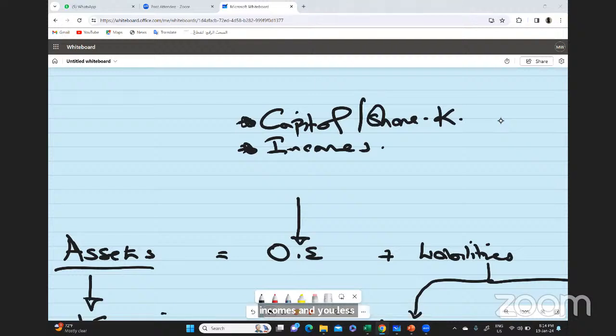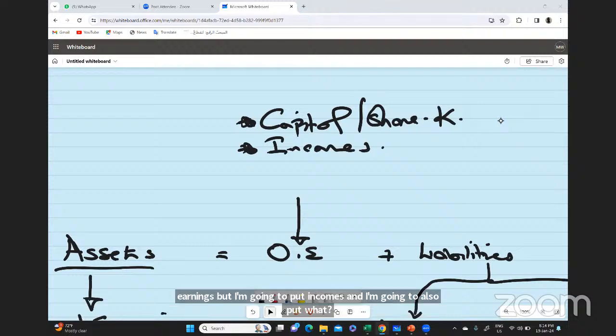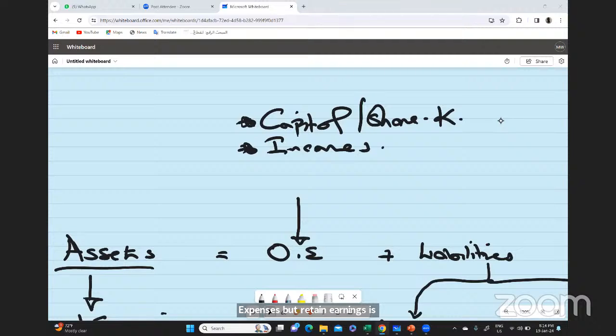If you keep putting that profit in equity, it becomes retained earnings. So for now, I'm not going to put retained earnings, but I'm going to put incomes, and also expenses. But retained earnings is an excess of incomes over expenses over a given period of time.